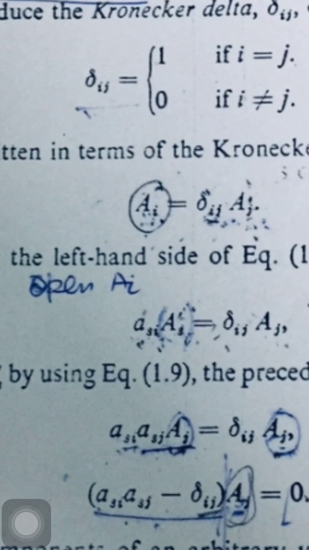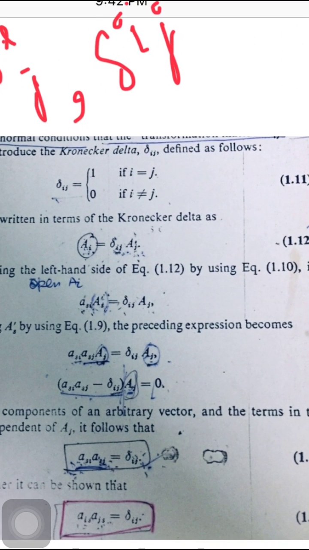Simple meaning is we can open a_i, which is not from the prime axis, so it goes to the unprime axis. A simple relation: a_i' changes to delta_ij a_j. So the left hand side of this can be taken as equation 1.12, or in the left hand side we use the transformation law.